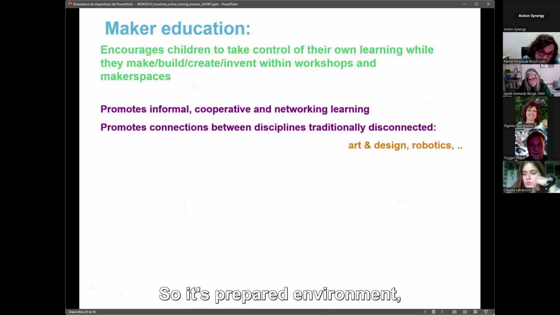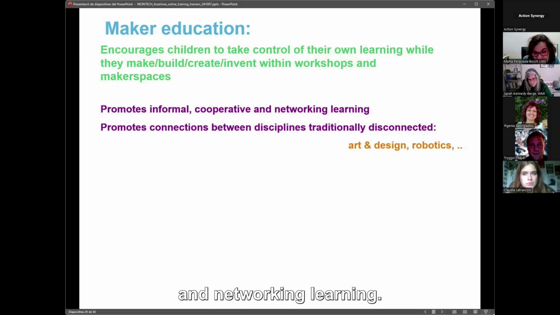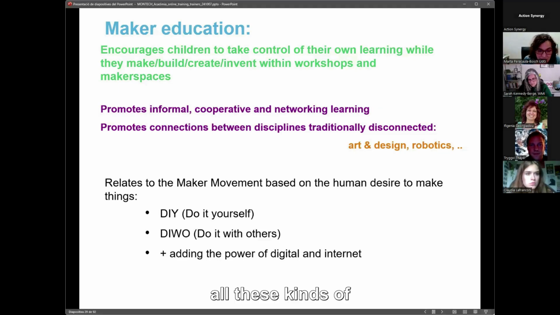So it's a prepared environment: find material, and they build from there. It promotes informal, cooperative, and networking learning. Also connection between disciplines that traditionally were separated, like art, design, robotics, all these kinds of things.